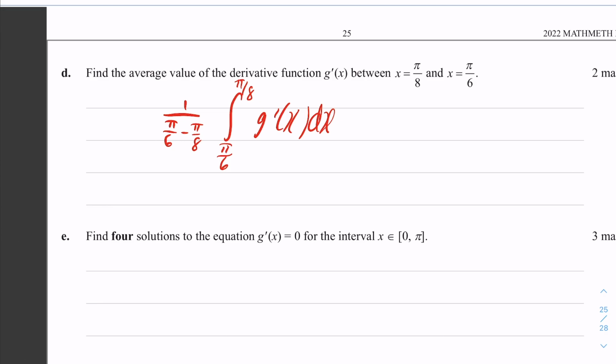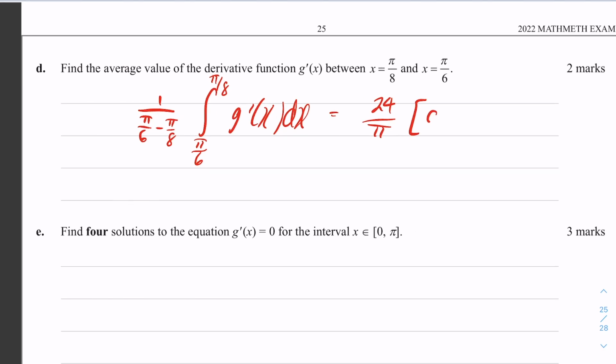Actually, we could do 4 pi minus 3 pi, so pi over 24. So 24 over pi. Then we've got g of x, because that's the integral of g dash x, from pi over 8 to pi over 6, and that's times 24 over pi.